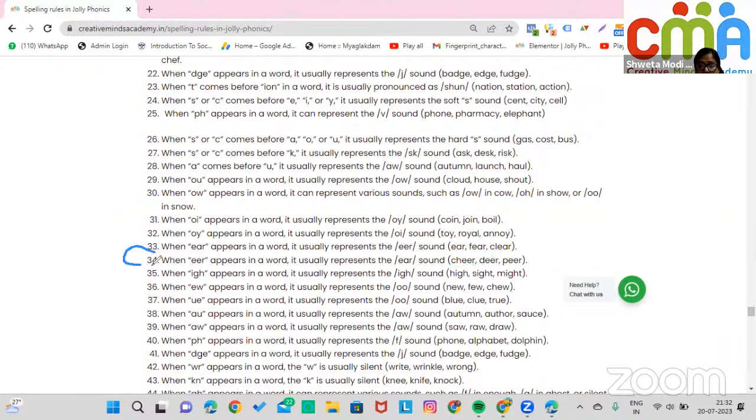EAR is a trigraph. We can say they are homophones. They have the same sound but different spellings. So it can be EAR or double ER.